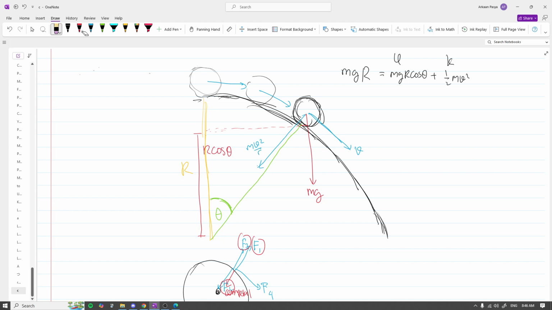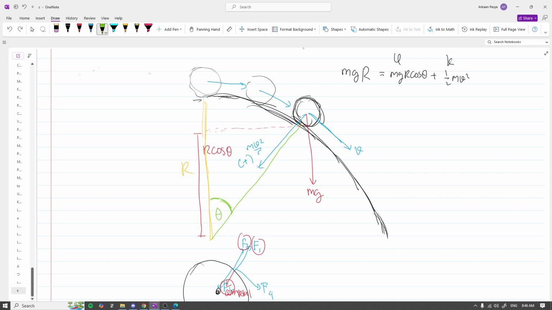So we take this direction as the positive direction of the sum of the centripetal forces, the radial forces.